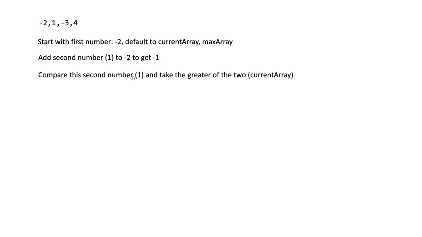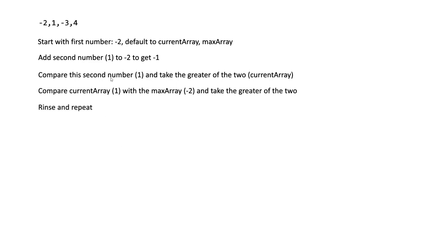Now we compare this with the second number itself, which is just the 1, and take the greater of the two. The greater of 1 and -1 is obviously 1. So that will be our current greatest array. We compare the current array 1 with the max array, which we defaulted to -2, and take the greater. So the current max array is just the number 1.